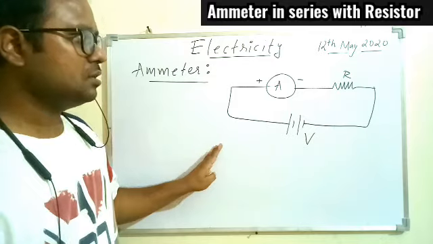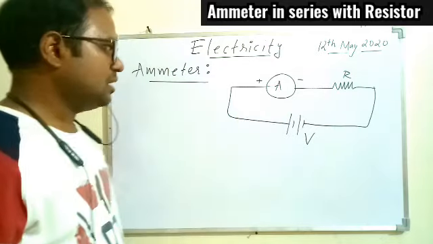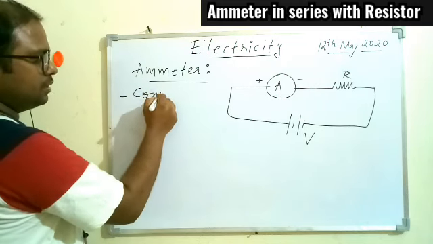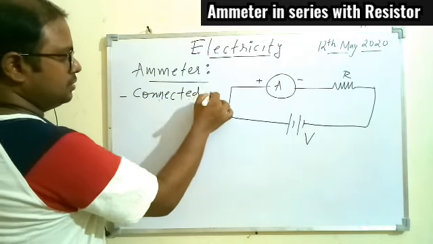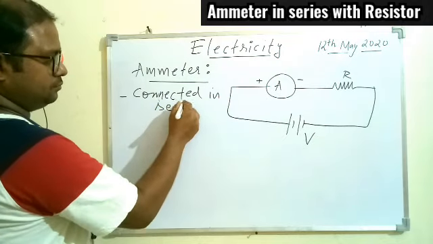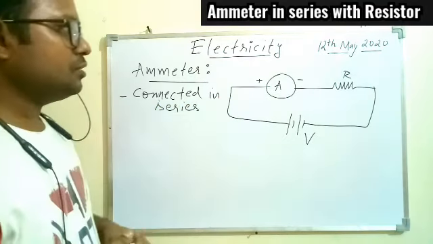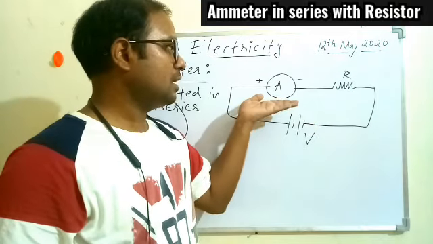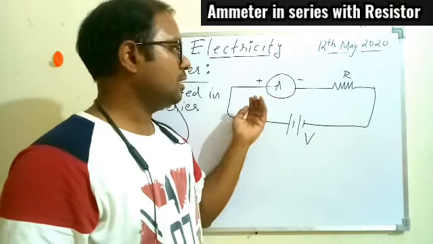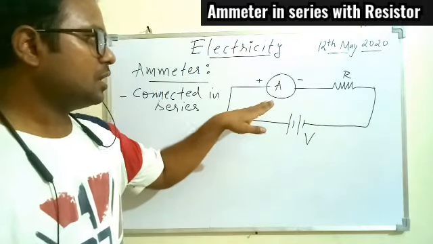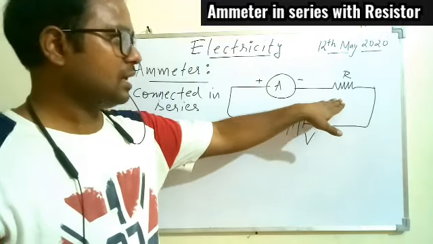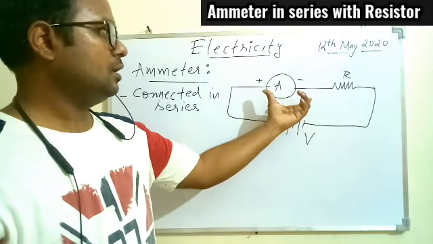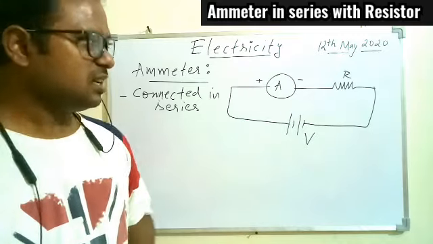So the very first thing is why it should be connected in series. We should know that it is connected in series, but why, that we are going to understand today. If the resistors or different appliances are connected in series, then only the current will remain the same. So the current passing through the ammeter and the current passing through the resistor will be the same only if they are connected in series.